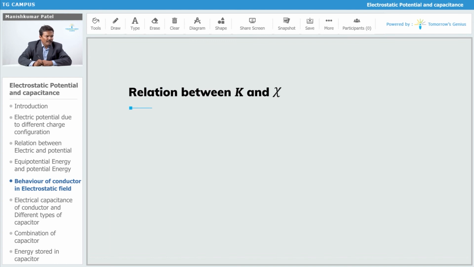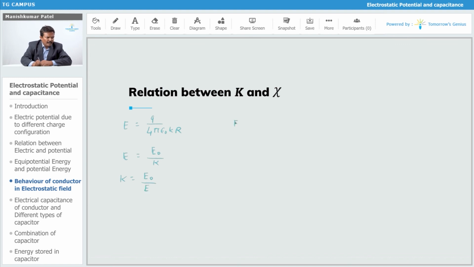K is the dielectric constant, and we know that E is equal to Q upon 4 pi epsilon naught K into R. This you can write as E naught upon K. So K is equal to E naught by E. So this is your K.